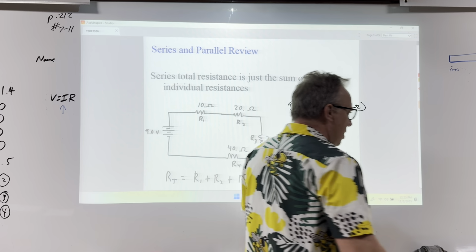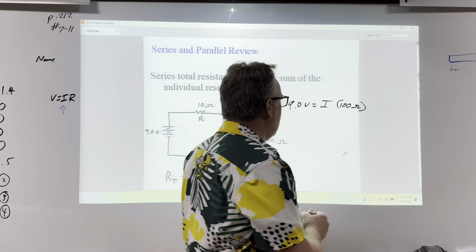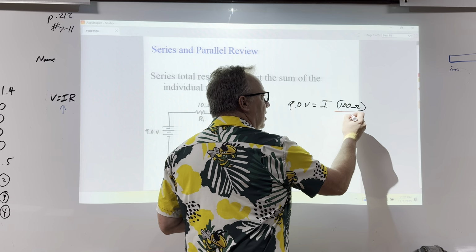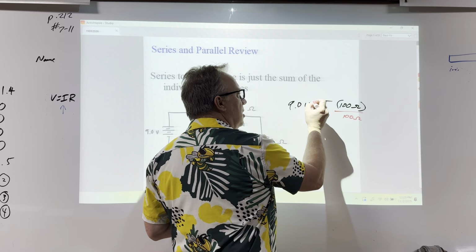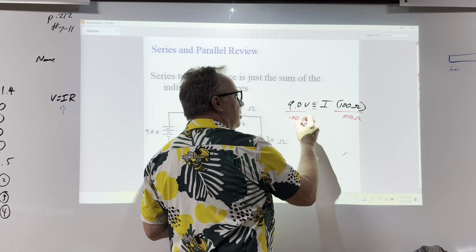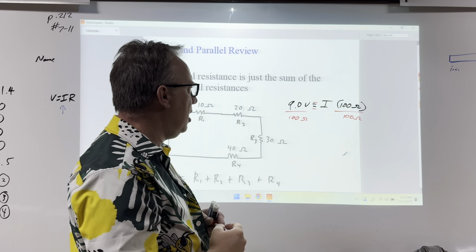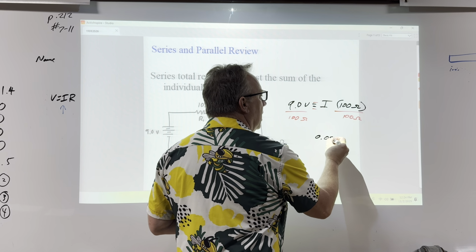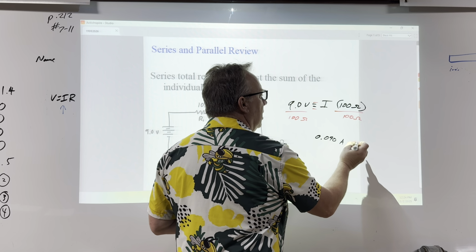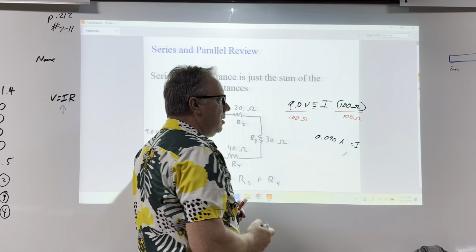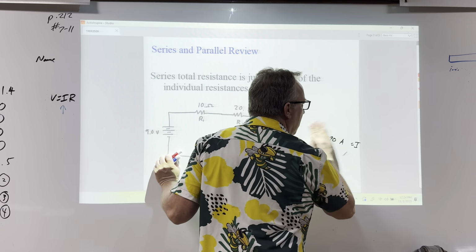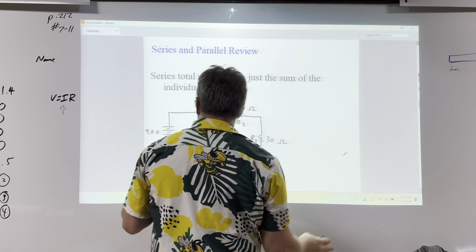You should know from math, you should know from physical science. In this case, you got to get this by itself. Divide both sides by 100 ohms. And 9 divided by 100 would be 0.09 amps. That's easy enough. You probably already know how to do that. We've done several examples like it.